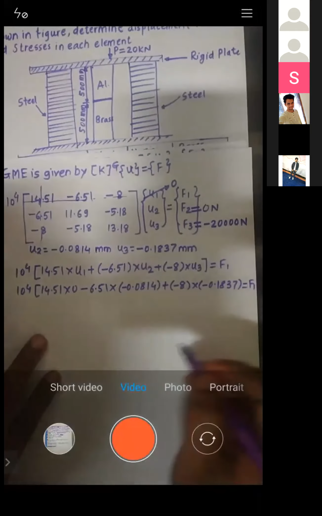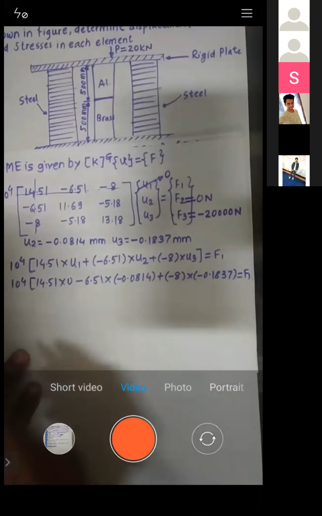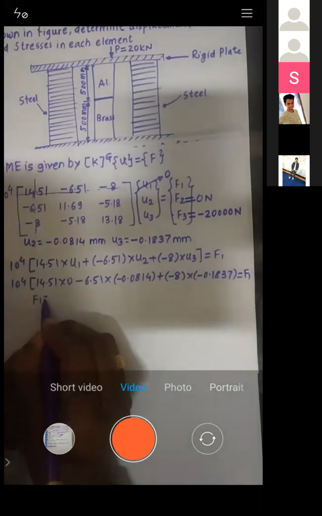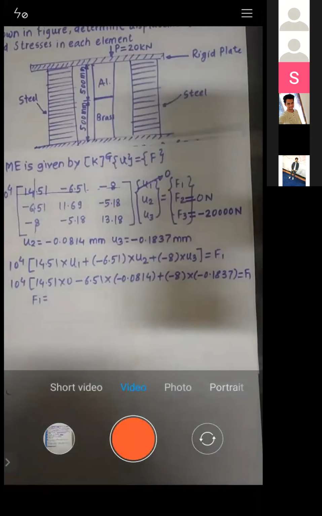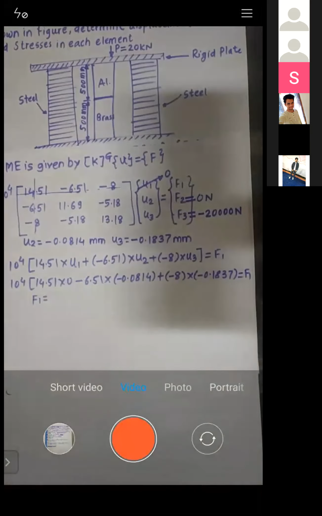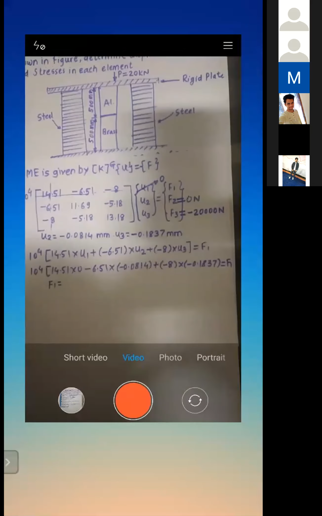So tell me how much value you are getting for F1. You should get the value as 20,000, 2 into 10 to the power 4, that is 20 kilonewton.